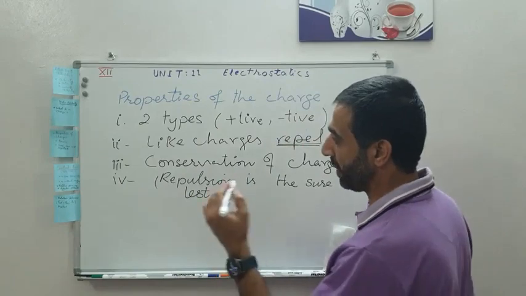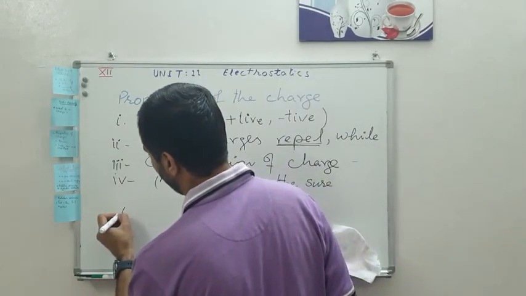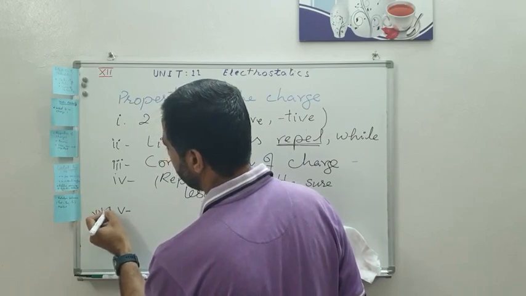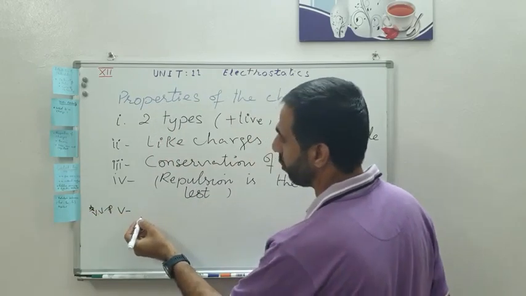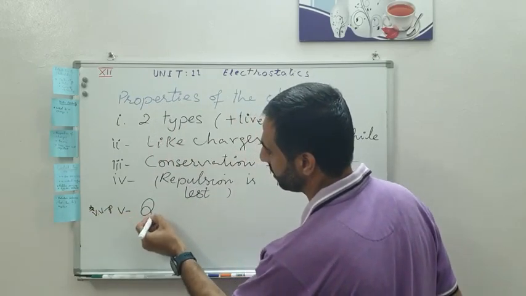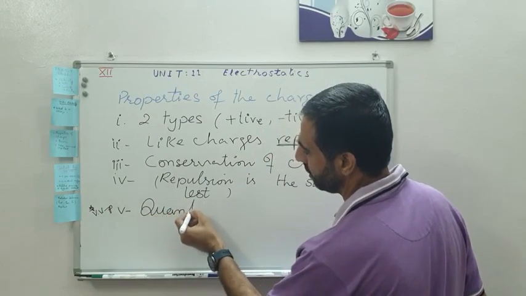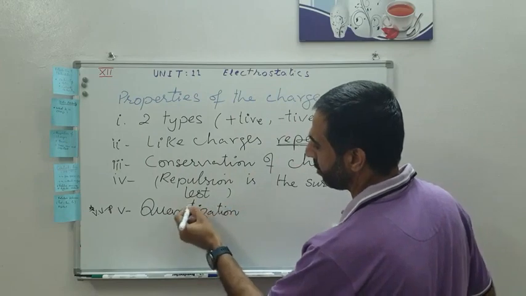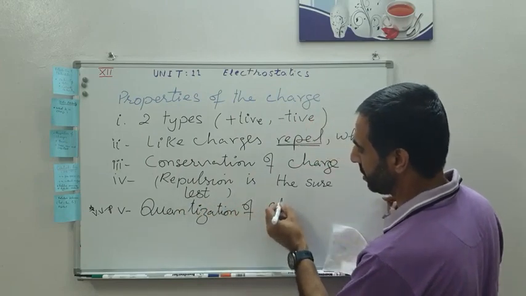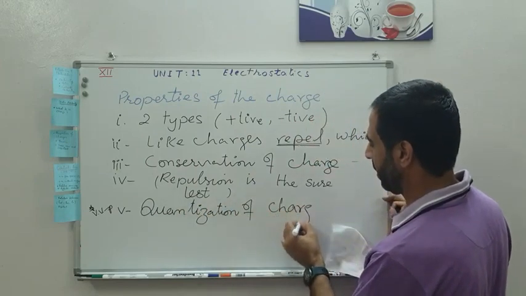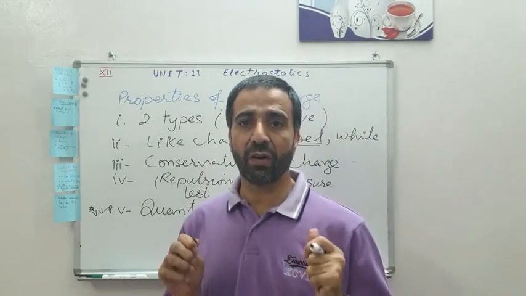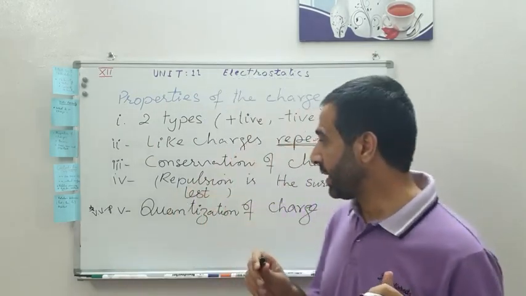The fifth property, the most important point, is very, very important: the quantization of charge. Charges are quantized, right?